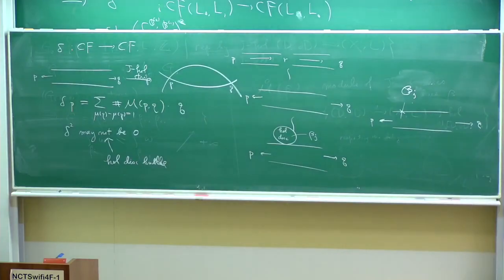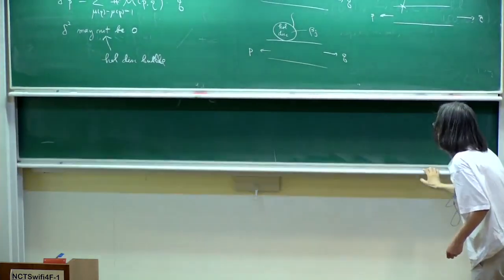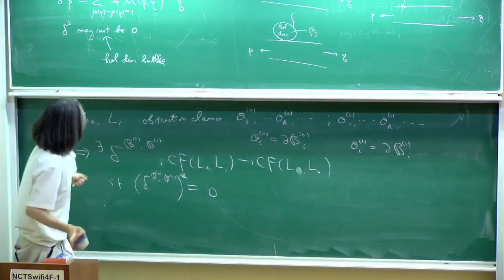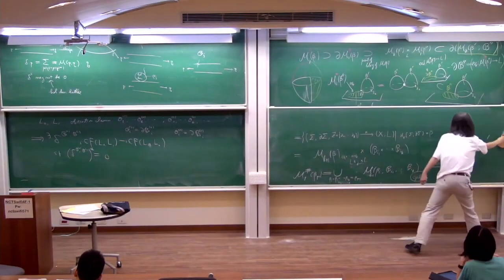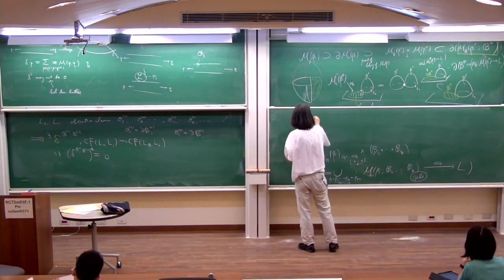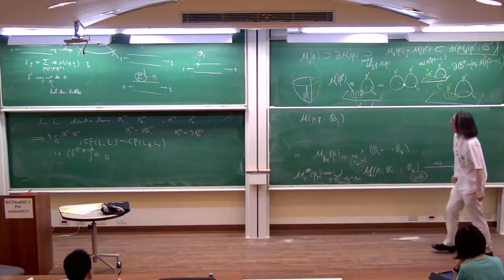Okay? And then what happens? So I consider the following moduli space. Because the story is very similar to this, I want to keep it. So now I consider this M, P, Q, and this Bj or something. So what is it?